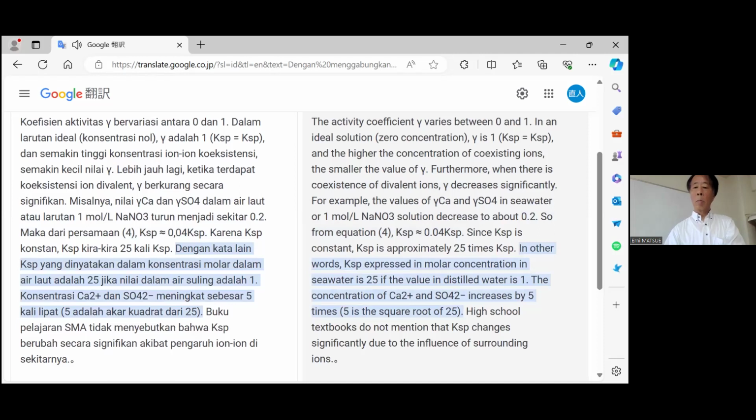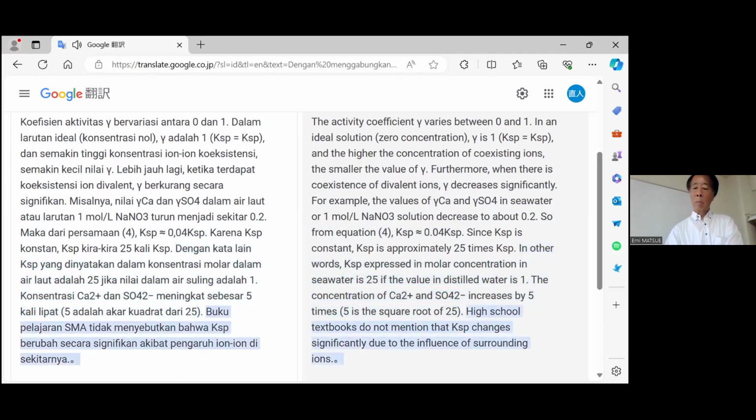In other words, K'_sp expressed in molar concentration in seawater is 25 if the value in distilled water is 1. The concentration of Ca2+ and SO4 2- increases by 5 times. 5 is the square root of 25.